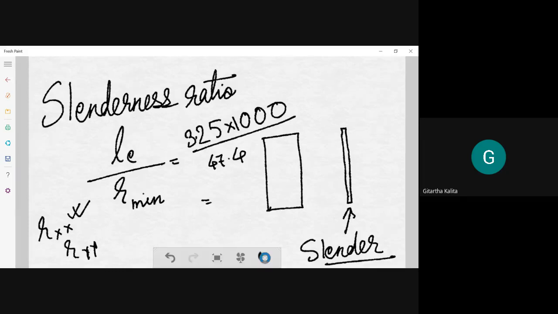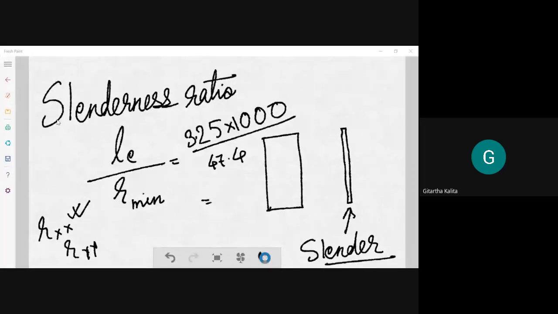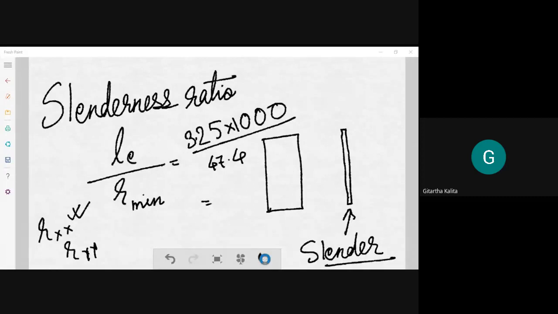So if you calculate the slenderness ratio, let me do it. 3250 divided by 47.4, it is 68.56.